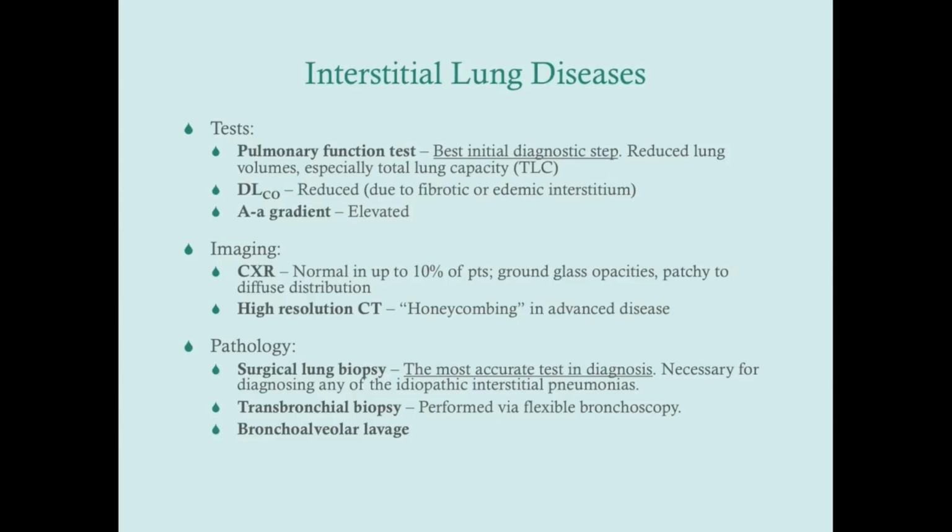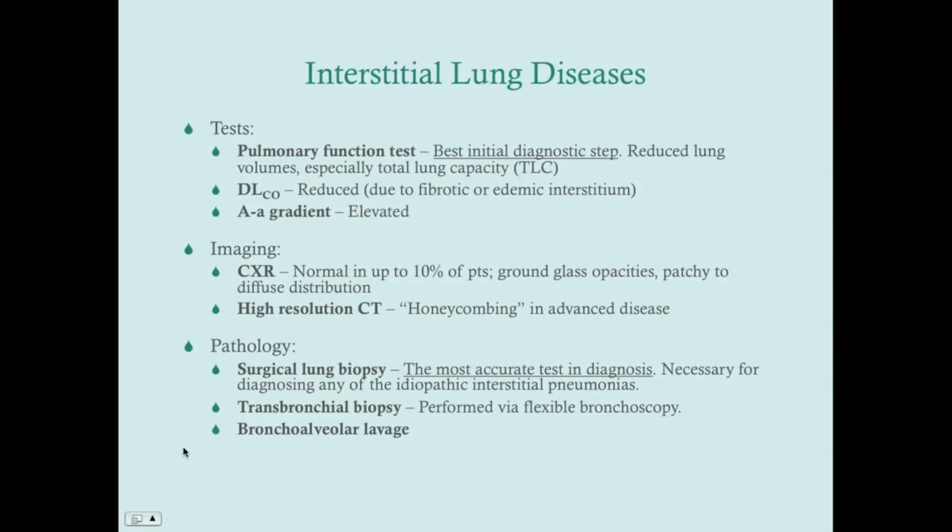Transbronchial biopsies can be done as well, and then there's a procedure called bronchoalveolar lavage. For the most part, though, with the exception of idiopathic interstitial pneumonias, pathology is sort of a secondary form of diagnosing. They've been mostly replaced with imaging and other modalities.